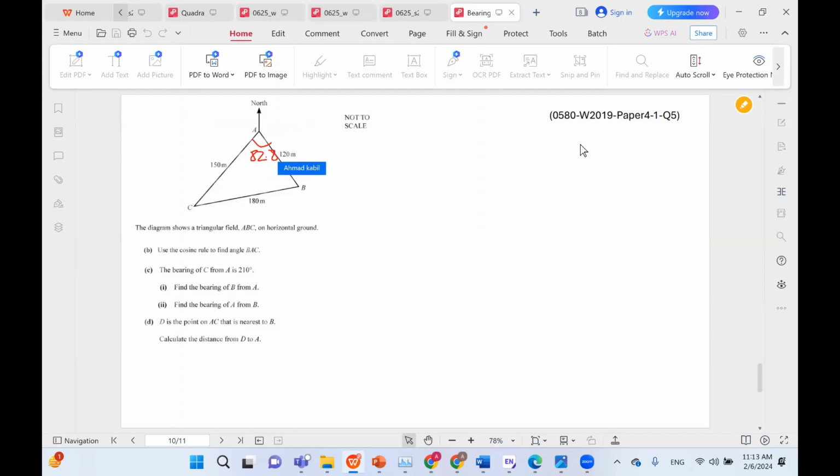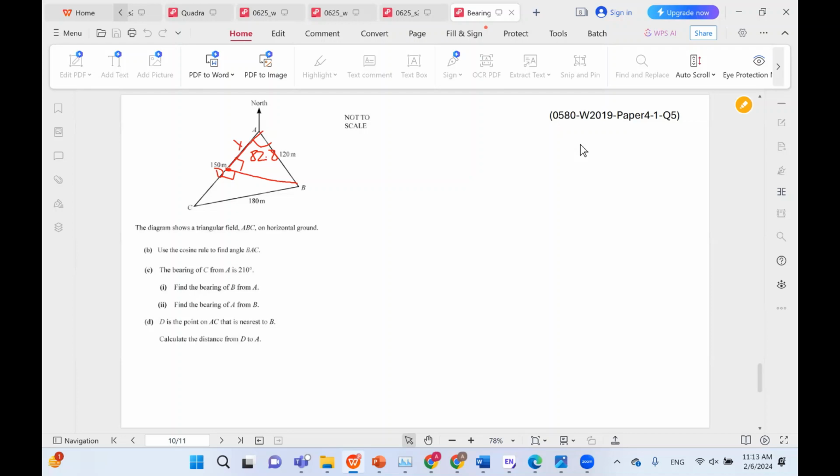We want the point on AC that is nearest to B. So nearest means we have to draw a perpendicular line. The nearest point to B has to be the perpendicular point. We are required to find the distance from D to A. So we are required to get the distance DA, let's call this X, and we know that this angle is 90 as well.